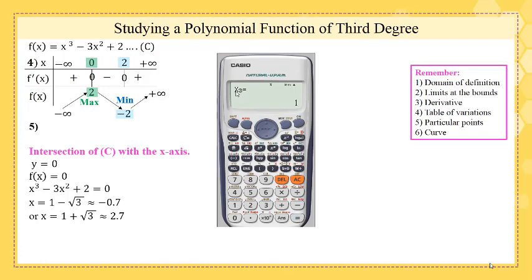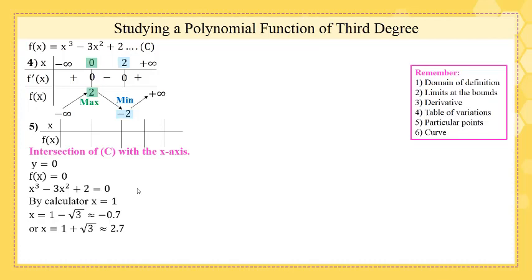The third root, which is denoted by x3, equals 1. If we press equal again, we get the coefficients of the polynomial. We got the coordinates of 3 points: 1, 0; minus 0.7, 0; 2.7, 0.